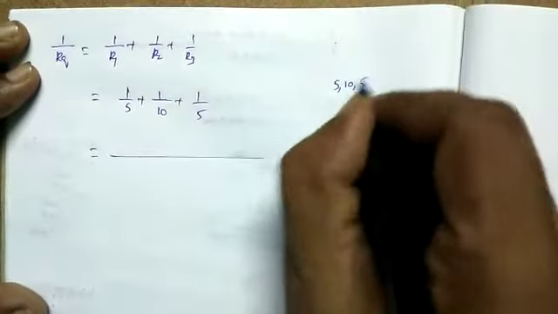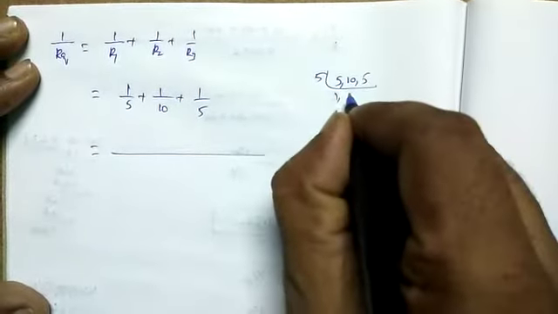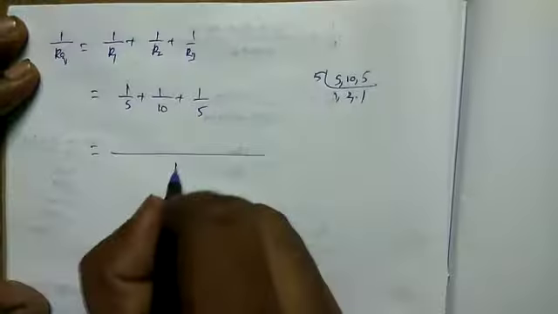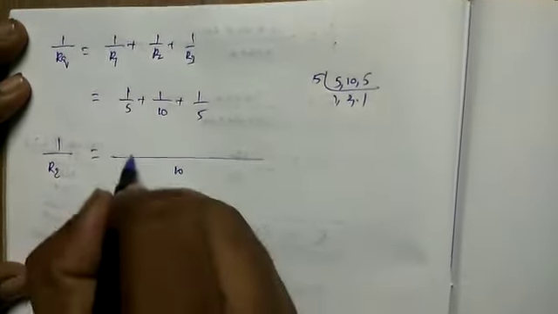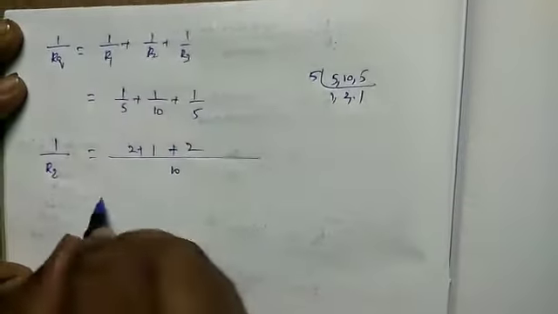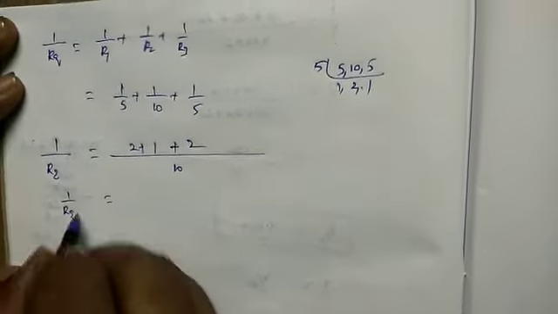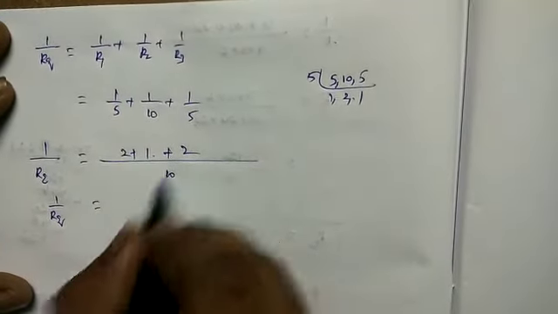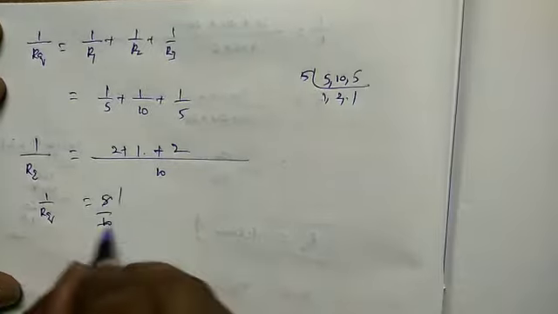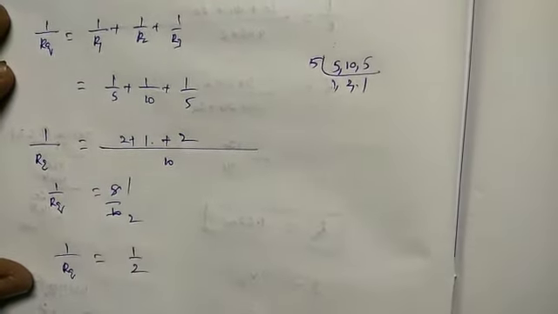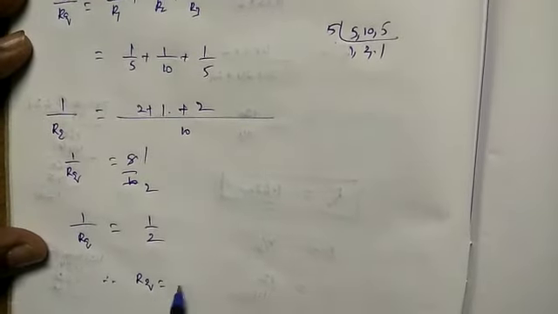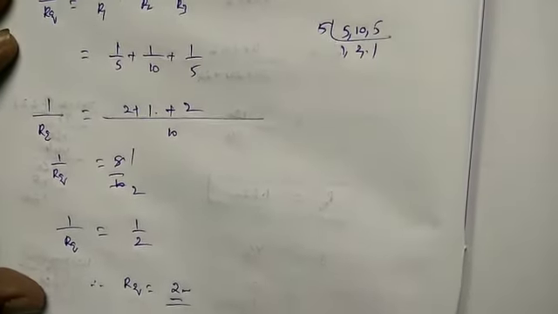What is the LCM here? 5 comma 10 comma 5. 10 is the LCM. 1 by R equivalent: 5 twos are 10, 2, and 10 ones are 10, 1, 5 twos are 10, 2. Then 1 by R equivalent is equal to 2 plus 1, 3, 3 plus 2, 5, so 5 by 10. So 1 by R equivalent is equal to 1 by 2. Therefore, R equivalent is equal to 2 ohms.